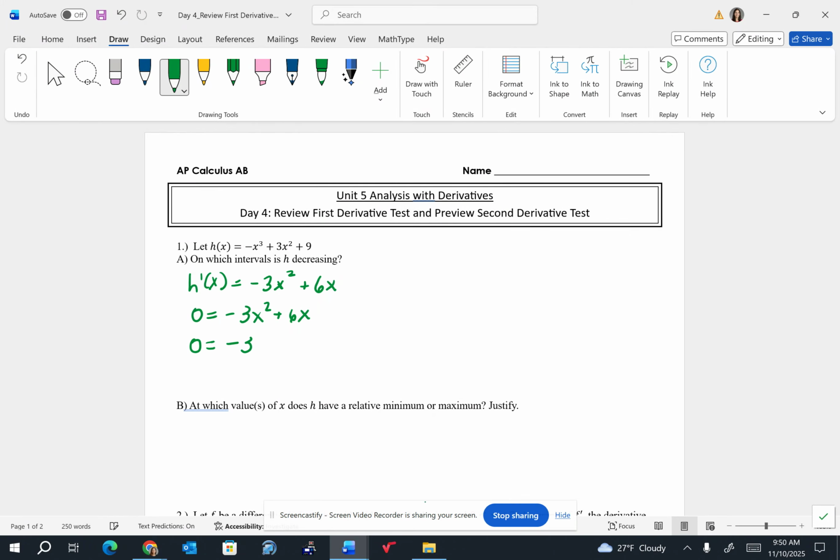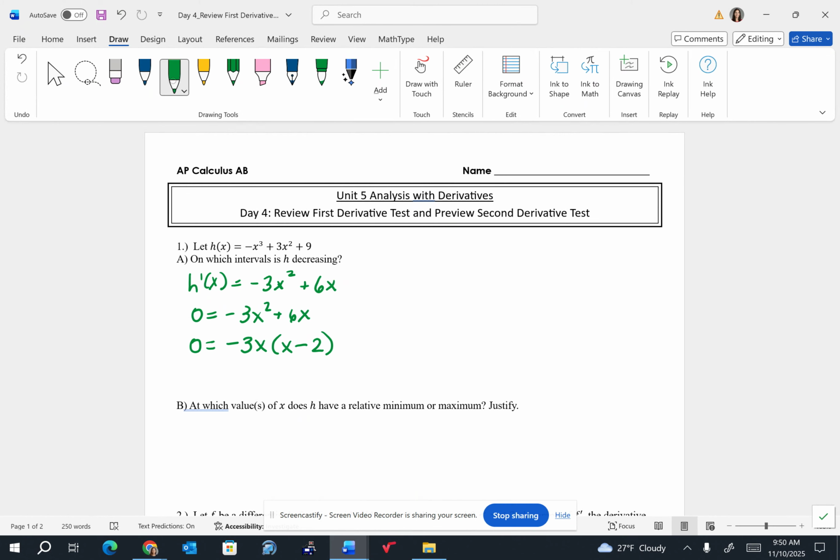So negative 3x. When you take negative 3x out of negative 3x squared, you're left with x. When you take negative 3x out of 6x, you're left with negative 2.